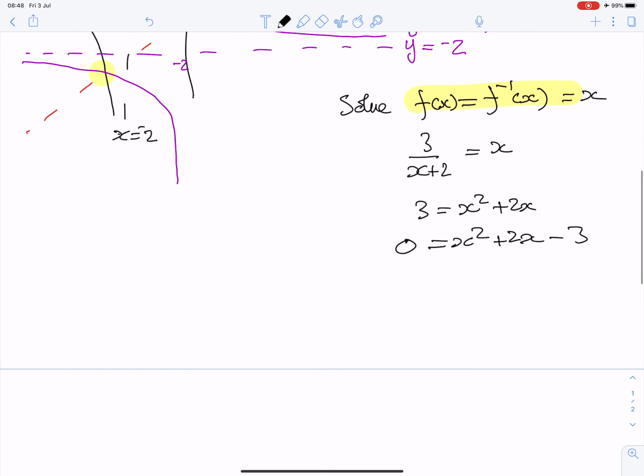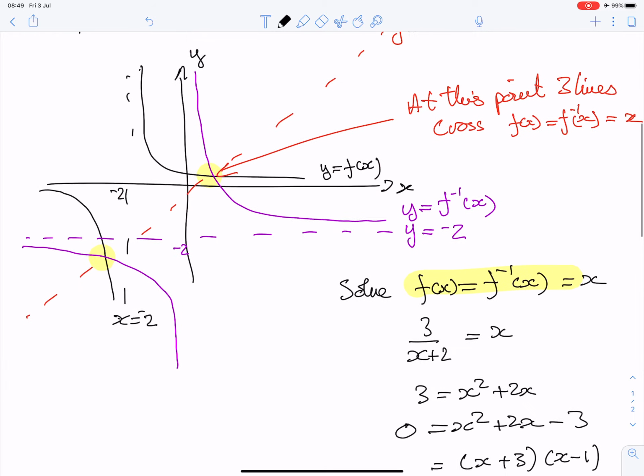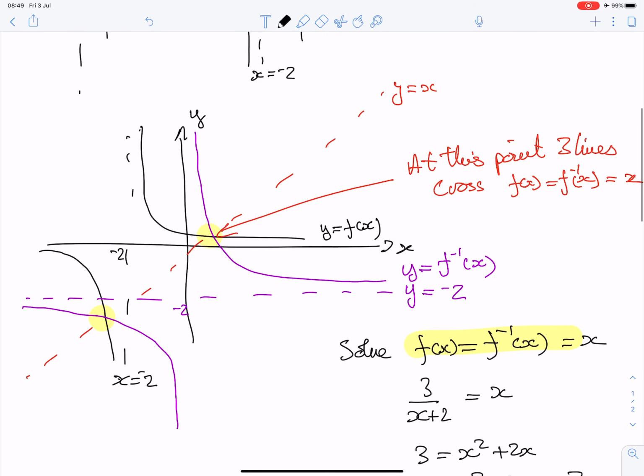Can we solve that? Well, it looks like it factorises reasonably nicely. x plus 3, x minus 1, so x equals negative 3, or x equals 1 at the points of intersection.